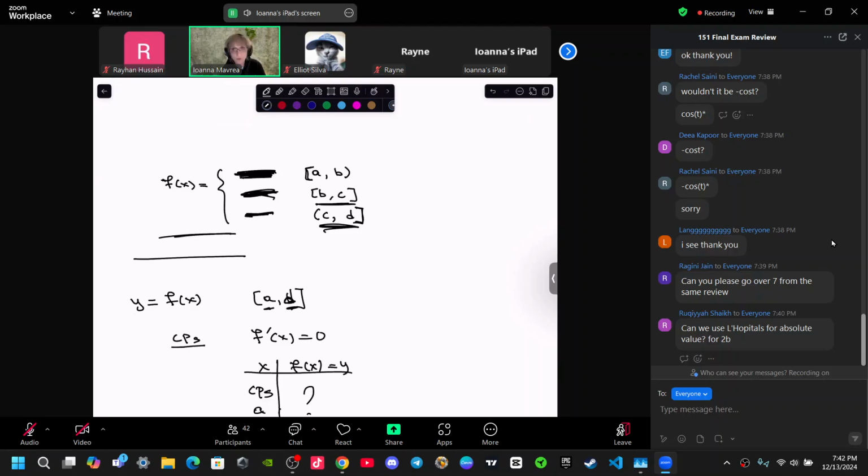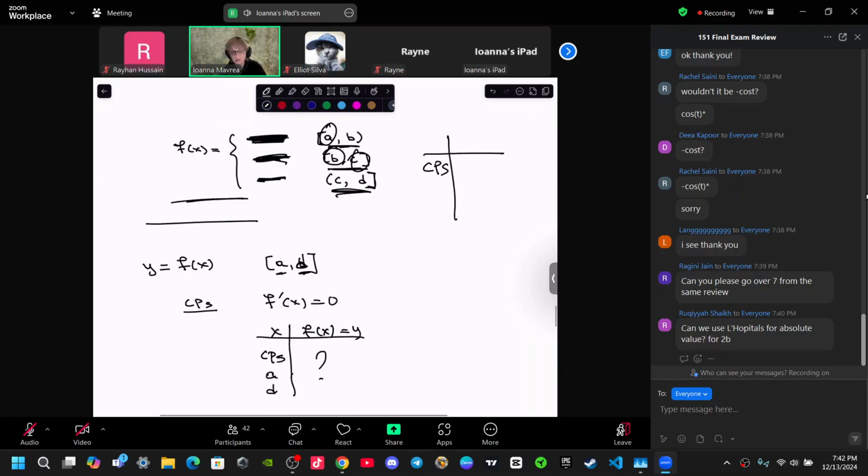The critical points you find by taking the first derivative, they better be between A and B, and not beyond, right? If they're not there, then you ignore them. So you take all those critical points, which are going to be more now, and you take all the endpoints, the A, the B, the C, and the D. You take all of them. There's a lot more now to put on your table. That's the only difference, right?